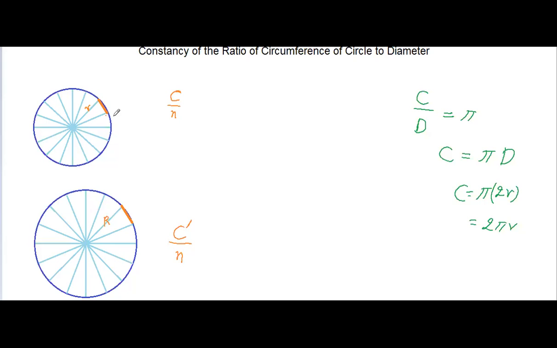What I have said earlier, this side length, the straight distance, you can understand that this is equal to the arc length, because for a very large number of parts, the straight distance and the arc length are equal. So suppose that this straight distance is b, that is equal to the arc length, which is C by n. And here this straight distance is suppose capital B, that is equal to C dash divided by n.